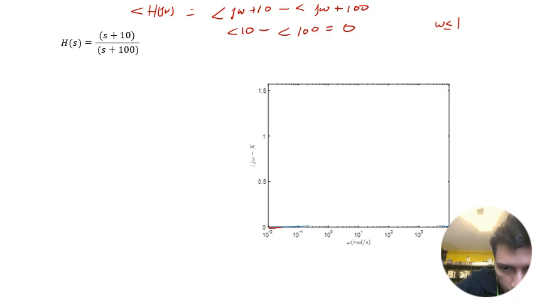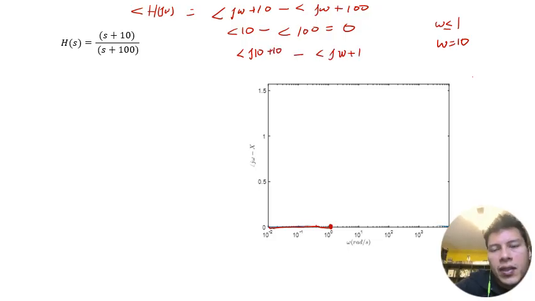So we're just going to have 0 up till we get to 1. And then when omega equals 10, we have to actually use our formula to evaluate this one. So we have the angle of j10 plus 10 minus the angle of j omega plus 100. This one we can still approximate as the angle of 100 because it's much smaller, minus 0, so we're going to get pi over 4.